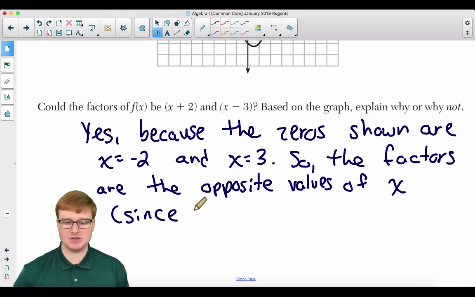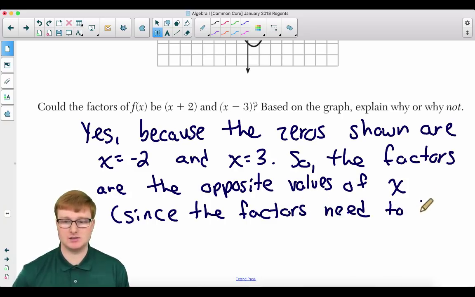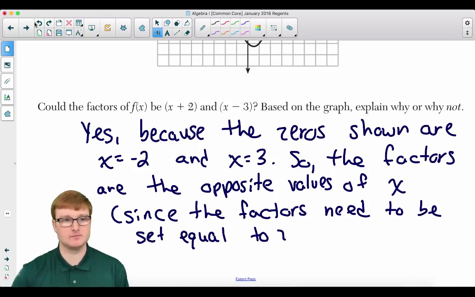And you can put this in parentheses just for clarification if you want to. You don't have to. It doesn't really matter. Since the factors need to be set equal to 0. That's an ugly z.